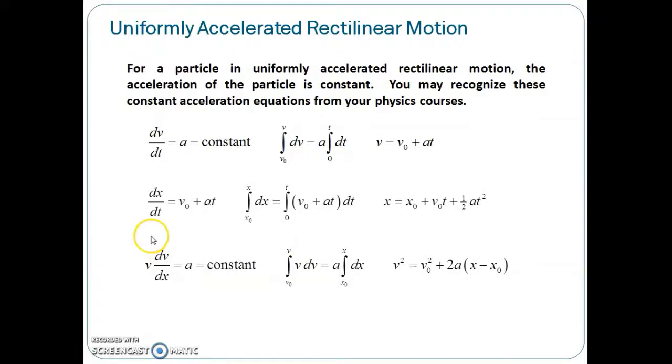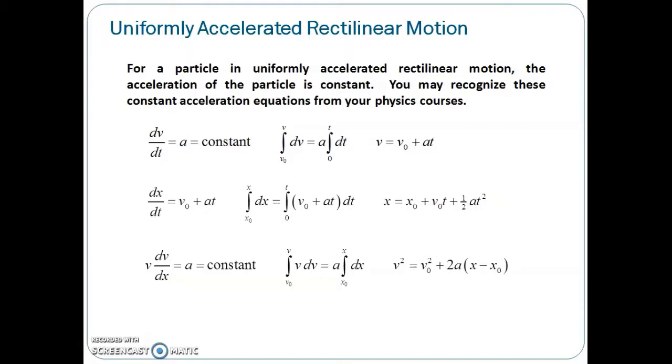So in this case, the position of the particle x equals x naught, the initial position, plus v naught t plus 1/2 a t squared. This is the second equation that we can derive from uniformly accelerated rectilinear motion.